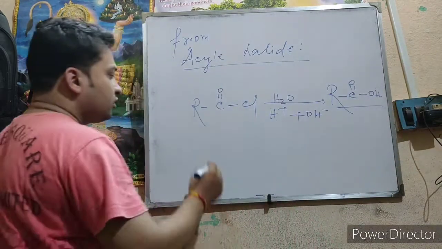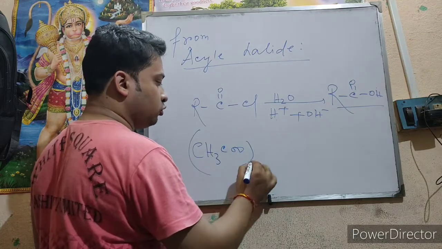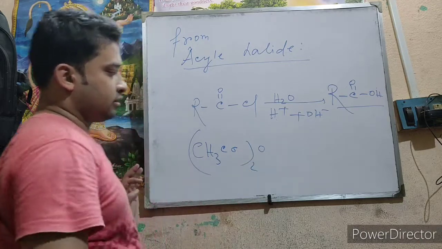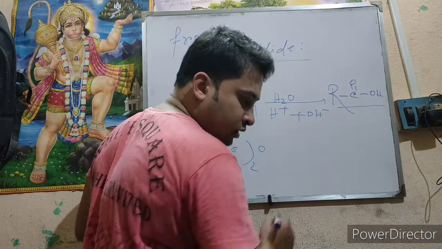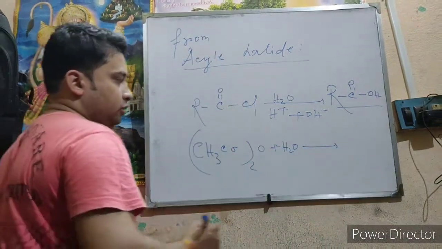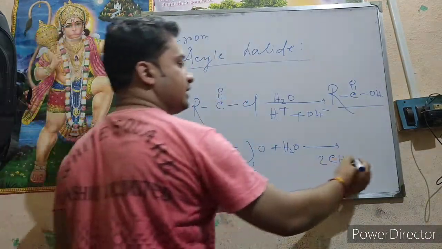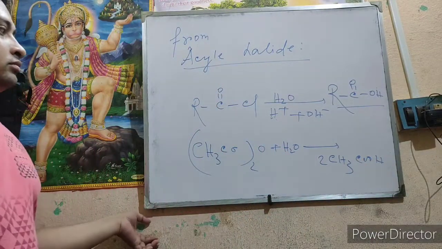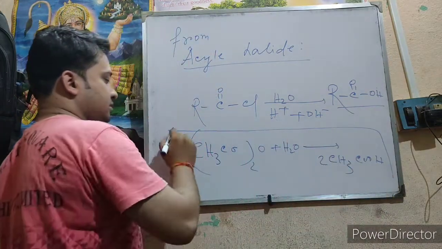But if you have the anhydride group CH3CO-O-COCH3, and you add water in excess, you get two moles of CH3COOH. This is not from acyl chloride.